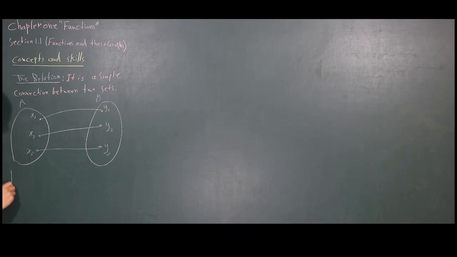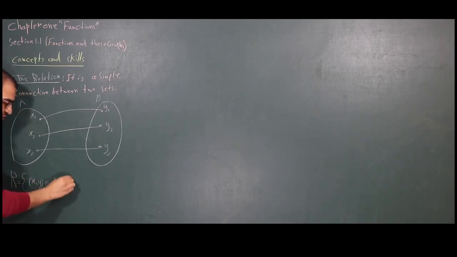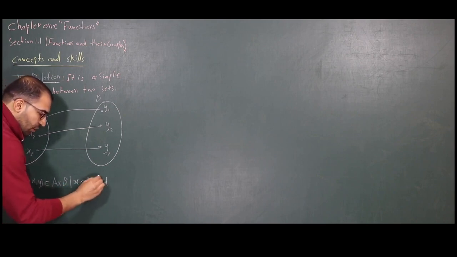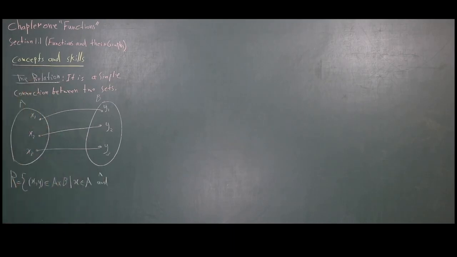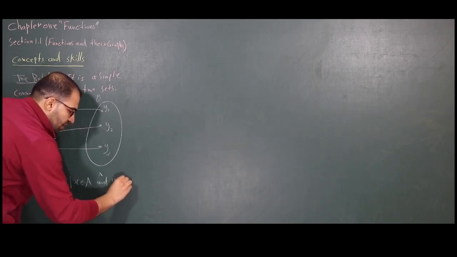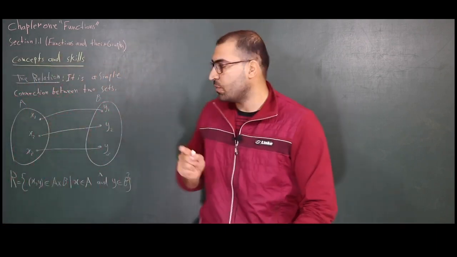The relation is a set of ordered pairs (x, y) that belongs to the product of these two sets, such that x belongs to the set A, and y belongs to the other set. It's just a simple connection, could be with a rule and could be without a rule.